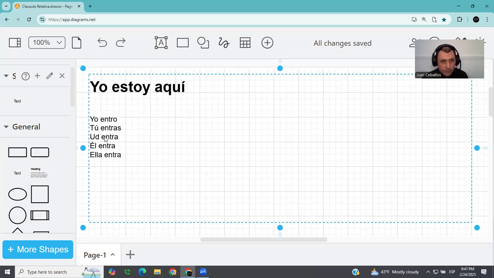So we have entra here, entra here, and entra here. All of these have exactly the same conjugation, but they are not the same thing. This is second person formal singular, and these two are third person masculine and feminine singular.